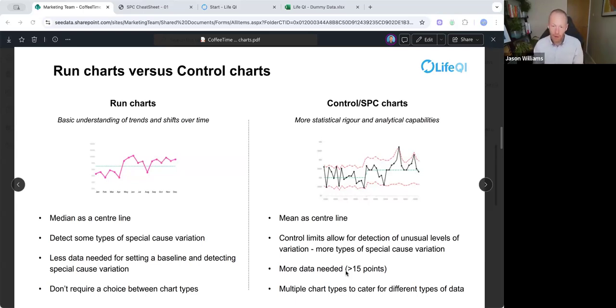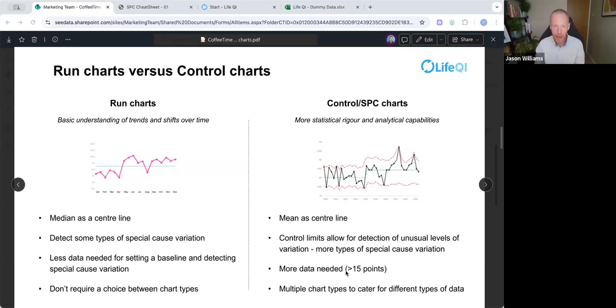Kind of on the flip side, with control charts, there are choices. There are a range of different control charts to pick from, and you pick based on the type of data you've got. So that can make things a bit more complicated, in that people are a bit unsure how to choose the right chart type, which is something we'll talk about in a minute.